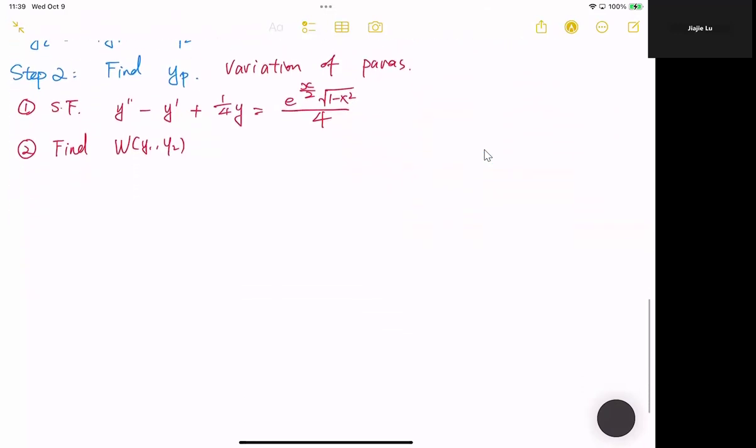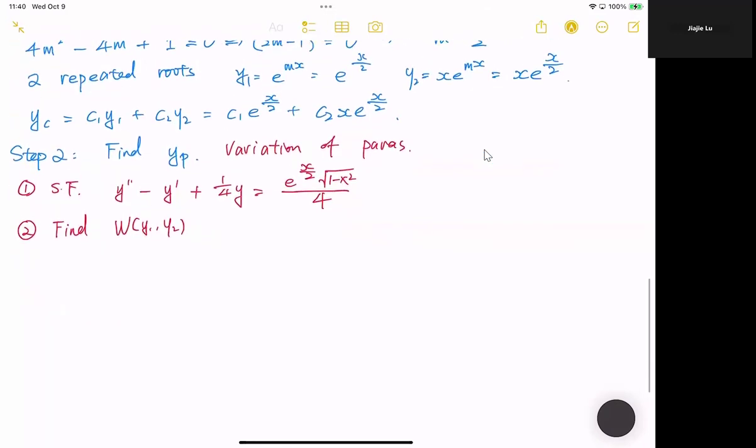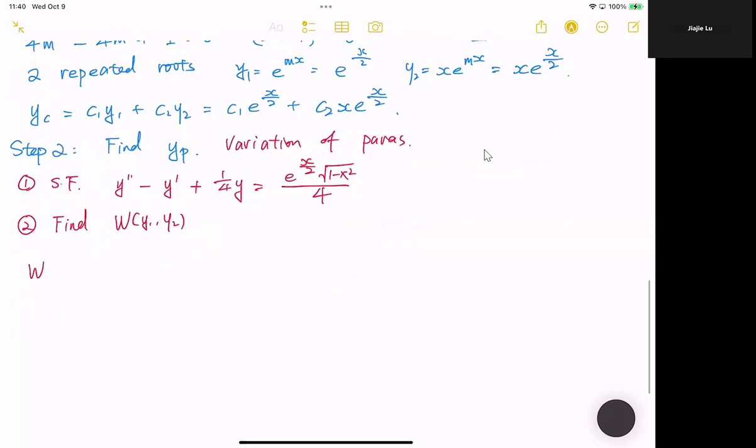So what is the Wronskian? What are y1, y2? We have finished finding y1, y2 in step 1, which are just our two basic solutions: exponential x over 2, and x exponential x over 2. Then take the derivative of each term. This gives you a half e^(x/2), and this gives you e^(x/2) plus x over 2 e^(x/2).